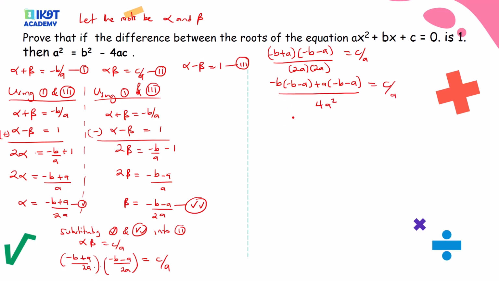This becomes b squared plus ab minus ab minus a squared over 4a squared is equal to c over a. So this and this go. I can choose to multiply through by 4a squared. So this times 4a squared and then this side times 4a squared. So this and this go, then this goes with 1a.